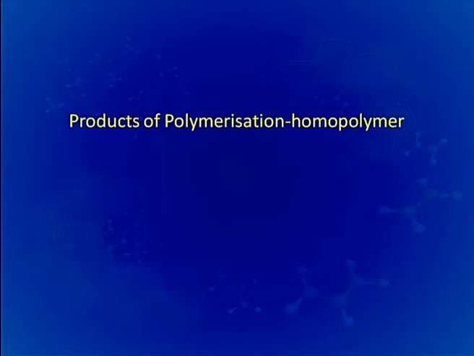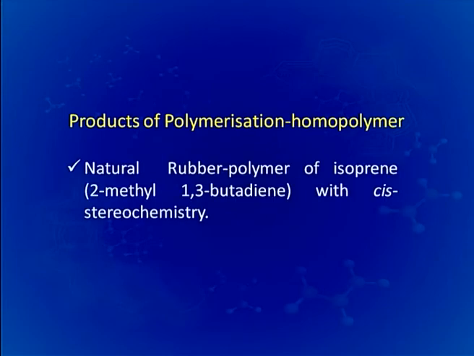Polymerization gives us various types of polymers. Homopolymers are very simple, as here the repeating unit is only a single molecule. Natural rubber is the polymer of isoprene. Isoprene is a derivative of 1,3-butadiene. Natural rubber has cis stereochemistry.